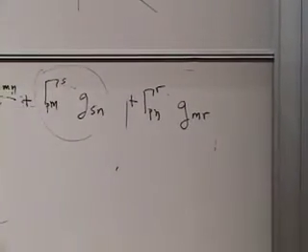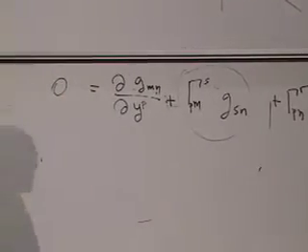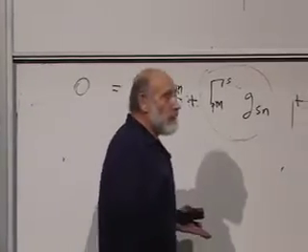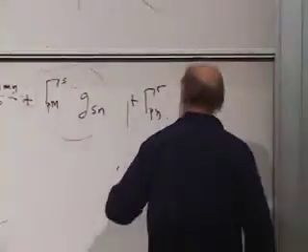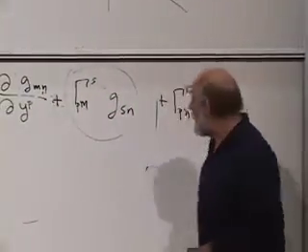And this should be equal to 0 if the covariant derivative of the metric is equal to 0. This is an identity which, if you struggle with it a little bit, you can actually solve for the gammas in terms of derivatives of g.